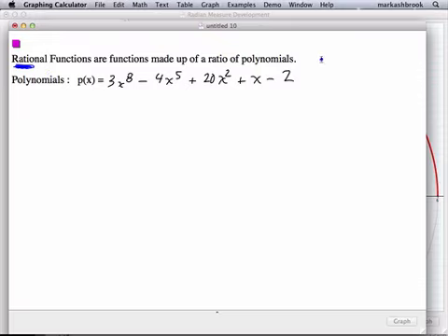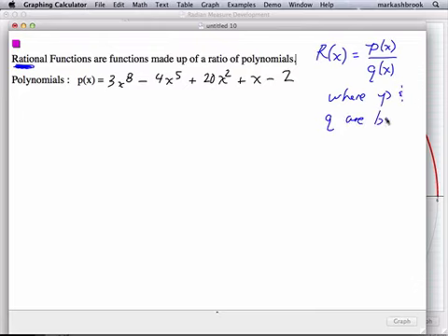Okay, so for example, it's the ratio of P over Q, where P and Q are both polynomials.